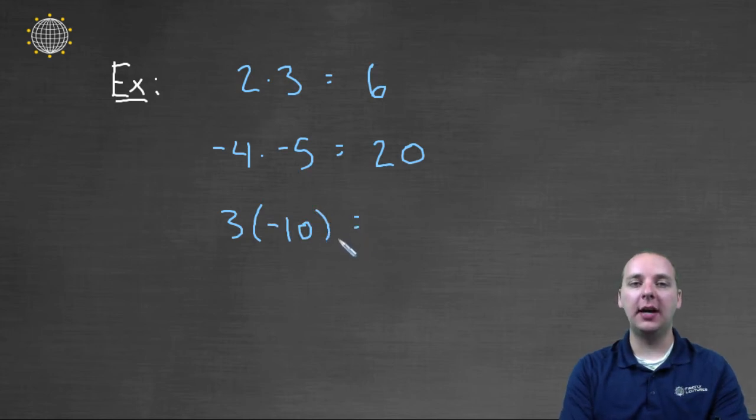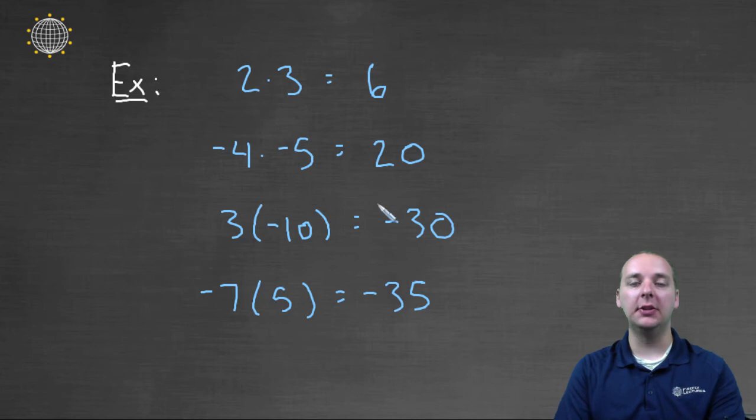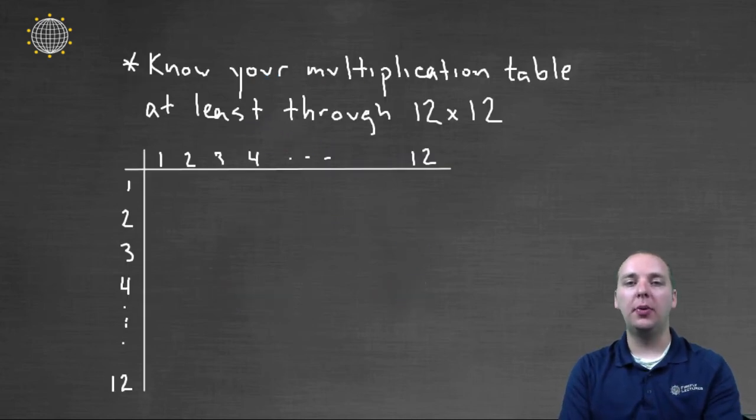That's a positive times a negative. You would get a negative 30. And last one, let's say we had negative 7 times 5. This would give you a negative 35. So we have all these different combinations, and the sign of our answer depends on the signs of the numbers that we were taking the product of.